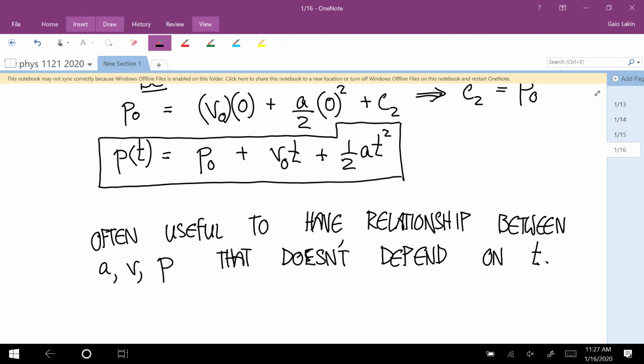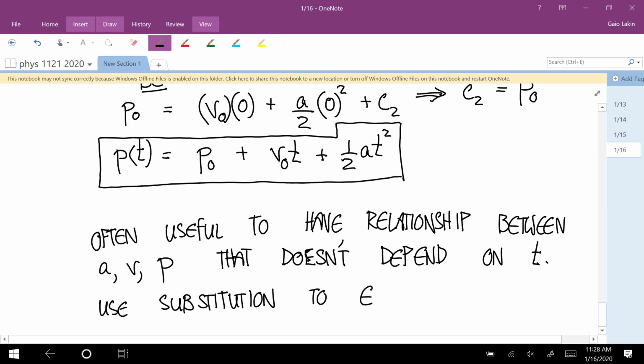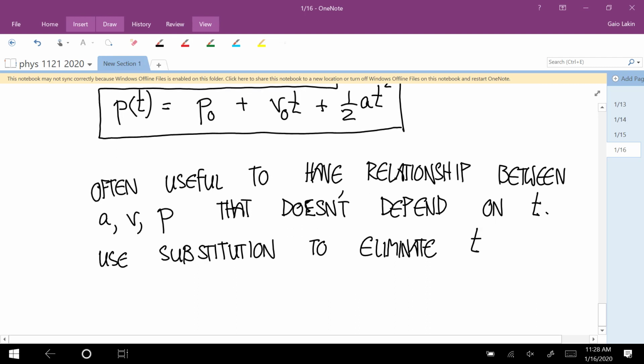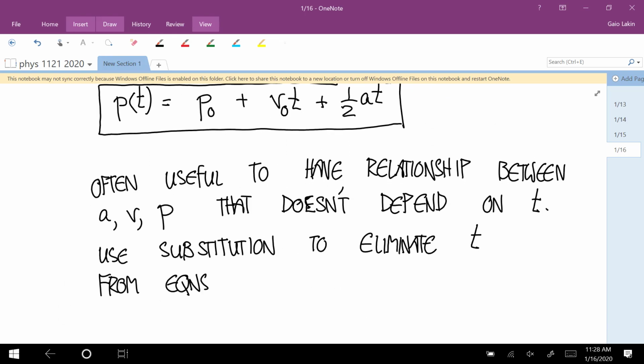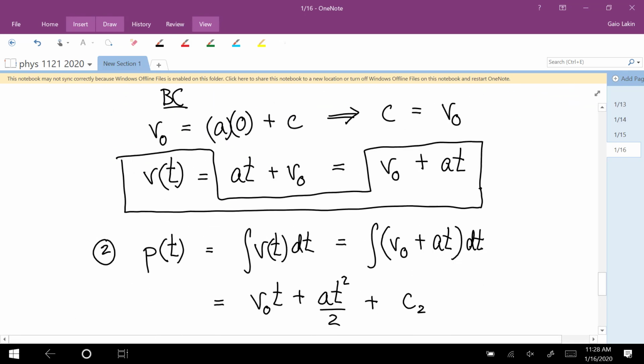We're going to combine those two equations using substitution, so we'll use substitution to eliminate the explicit dependence on time.